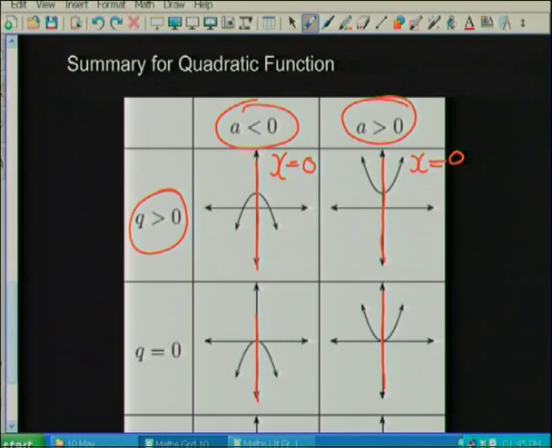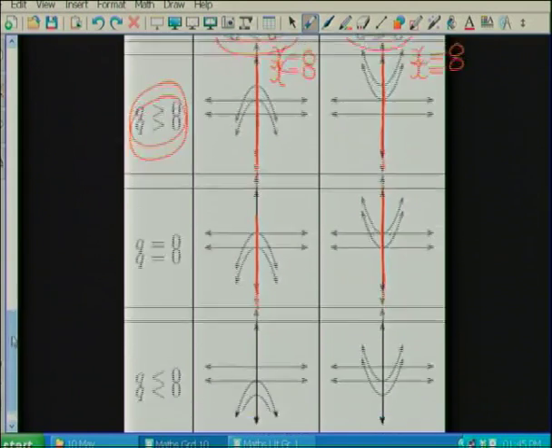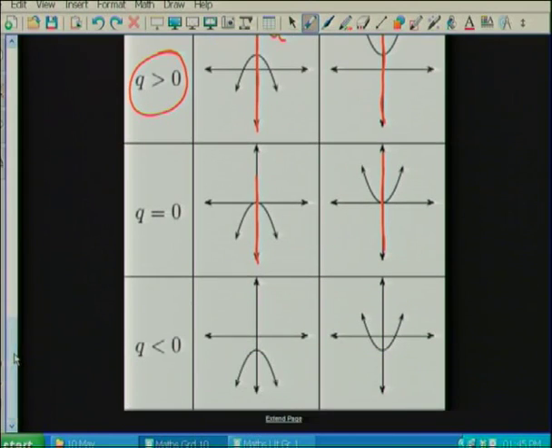I've also got a positive q value because the graph has been shifted upwards. In other words, it has a turning point on the positive y-axis. For a graph where q is equal to 0, like for instance, y is equal to x squared, there's no q value, so your graph turns perfectly on the origin.